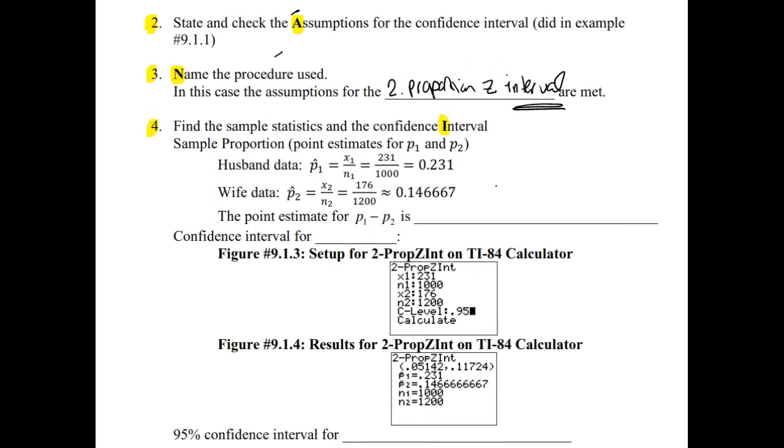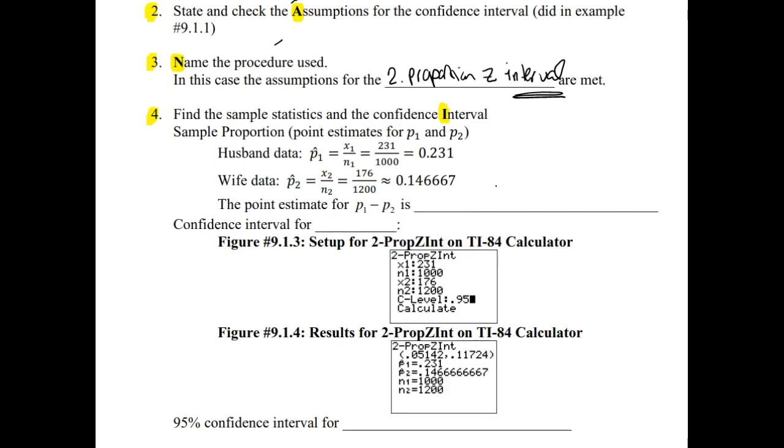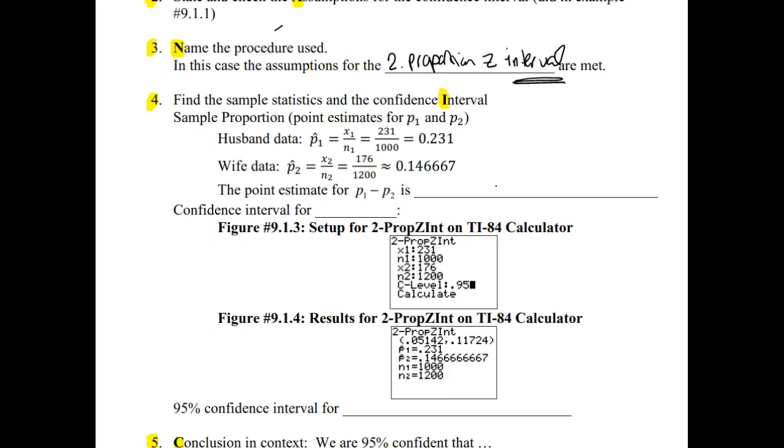All right. So a fourth step in PANIC is the interval. We're going to start first with those point estimates before we look at the interval estimate. For the husband data, P hat 1 was 0.231. For the wife data, P hat 2 was 0.146666, rounded off to 7, which means the point estimate for the difference between P1 and P2 is the difference that we saw in the samples.